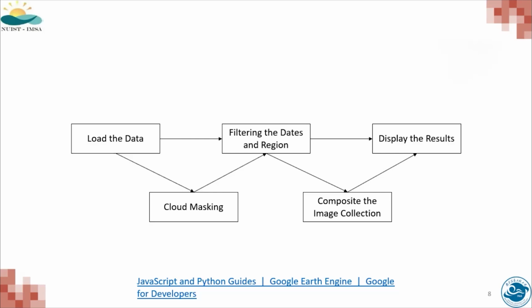So we will use the cloud masking to remove the clouds, and then composite the image collection, and we will go for the display result. Because in cloud masking, we are not using one image, we are using several images. So we remove the clouds in the images, then composite the image collection, then display the results.